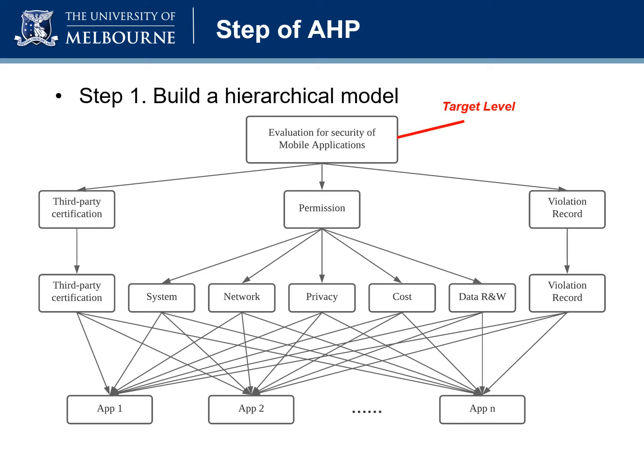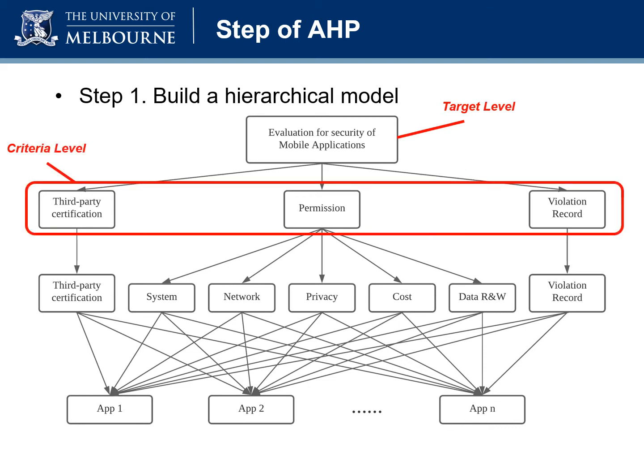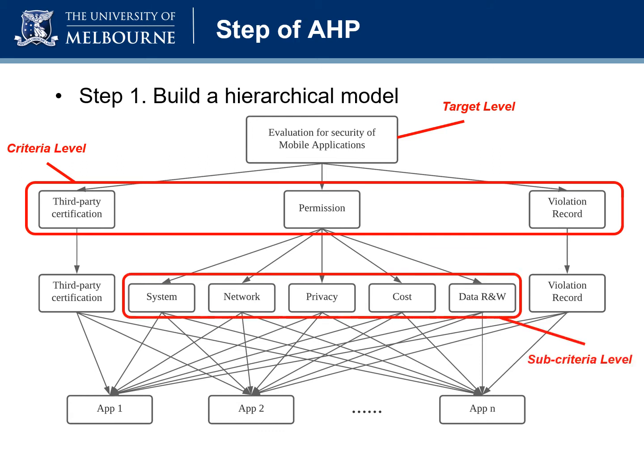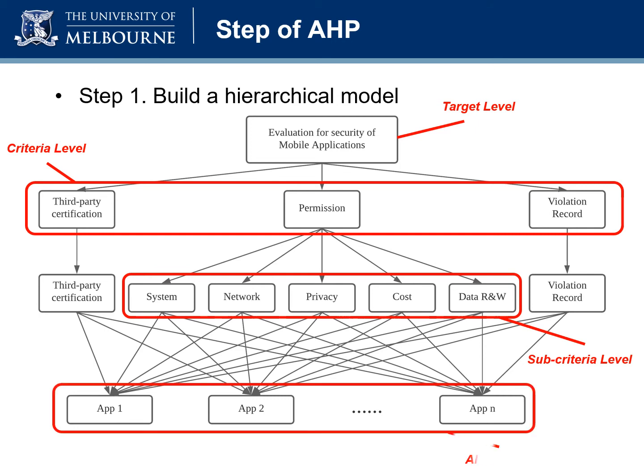The target level, which is the purpose of decision-making, the problem to be solved, and the criteria level, which contains not necessarily only one level, are the factors to be considered and criteria for decision-making. And the lowest level is the alternative level, which are the options we can choose from.